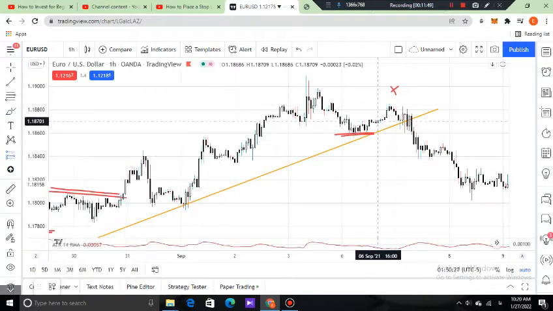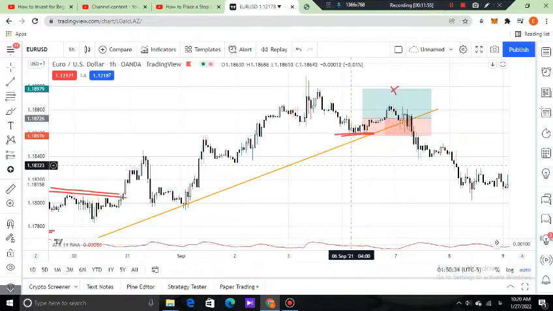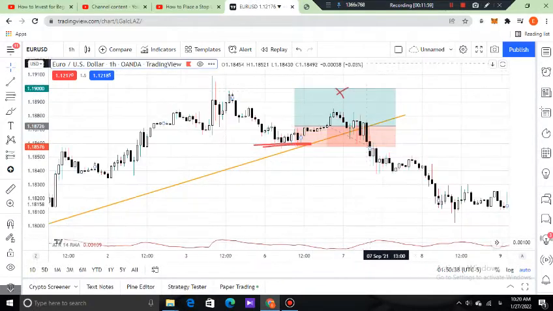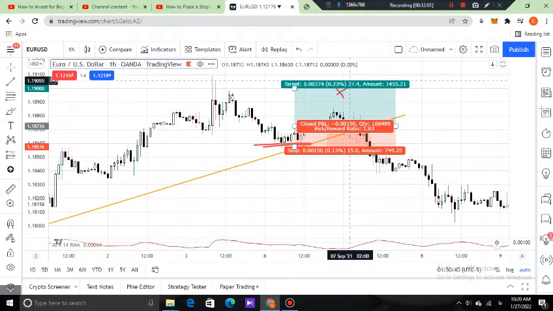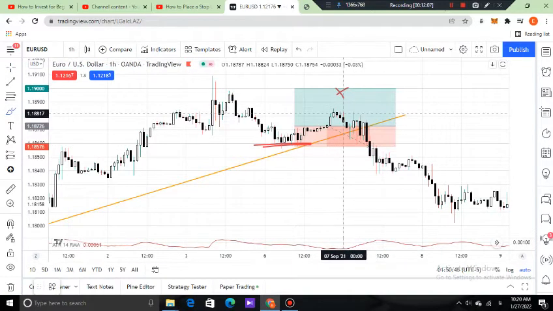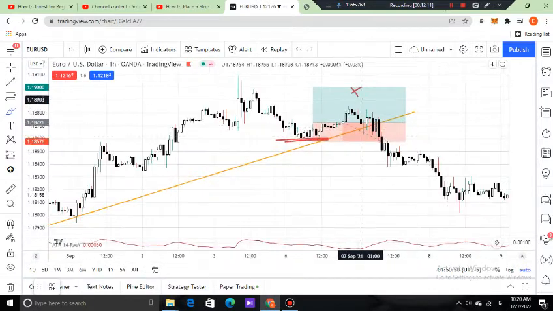Let me show you. You enter a position and you put your stop loss here, and you consider your take profit, put your target at this price, at this previous top, but it doesn't go up. You see a breakout below this trend line and it just stops you out.